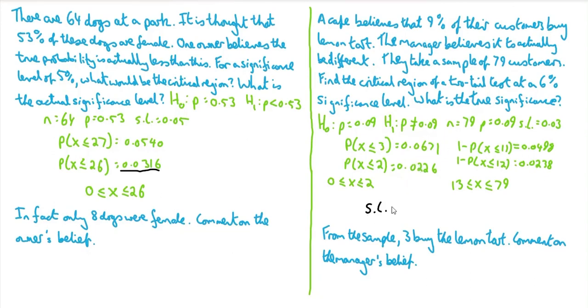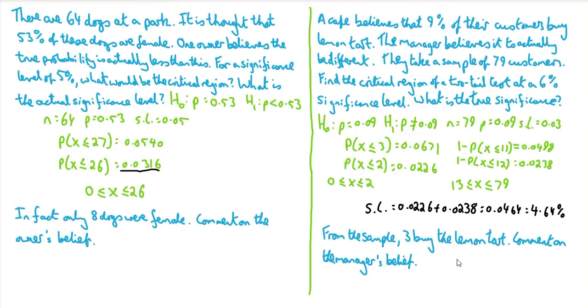So our significance level is going to be 0.026 add 0.0238, which will be the same as 0.0464, or if you prefer as a percentage, because that's what the significance level has been given out before, 4.64%.